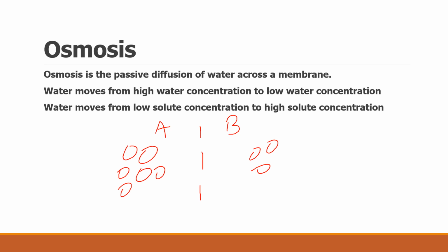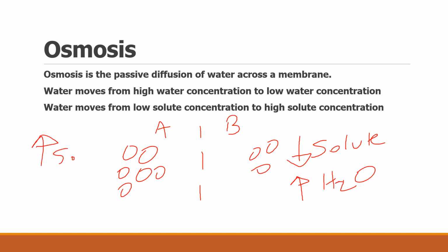So let's see, where do we have more water? The region that has the lower solute, which is right here, is the region that has the higher water concentration. Versus inside A, we have a higher solute concentration, and that means the water is not that highly concentrated.